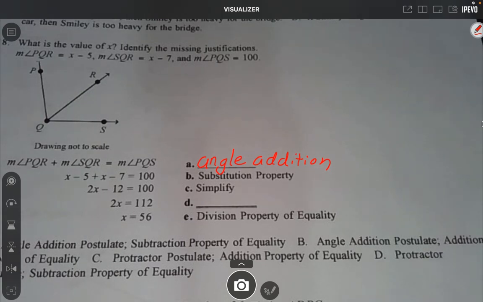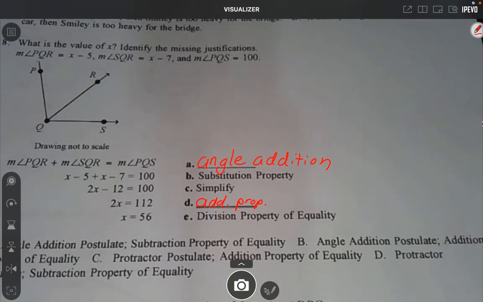You can say either one. Simplify, combine like terms. What did they do from here to here? What happened to that 12? They added it. So that's the addition property of equality. Okay? And then they divide. So you can pick your answer choice. Is everybody okay with that one? You're just saying, what did you do to get from one step to the next? Normally we write given, but they didn't give us anything, so that's not given.